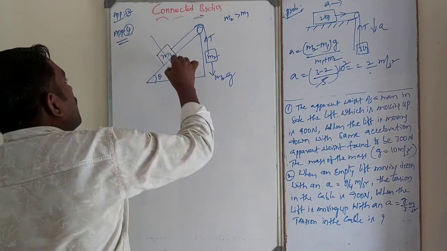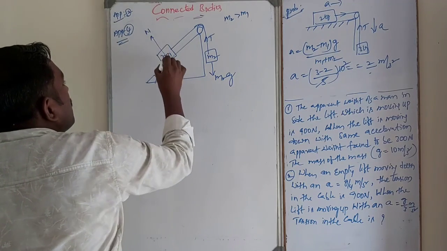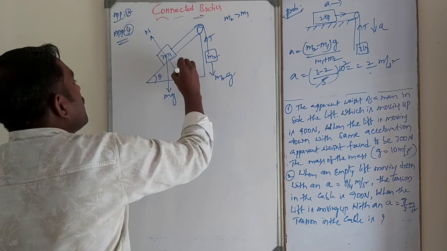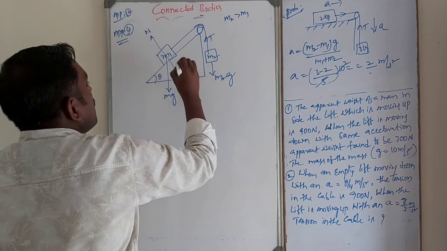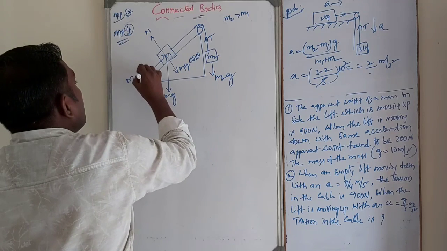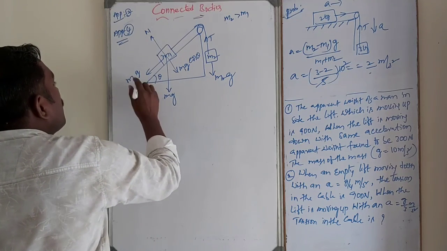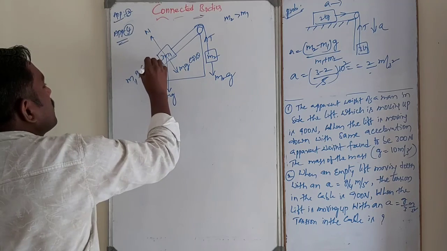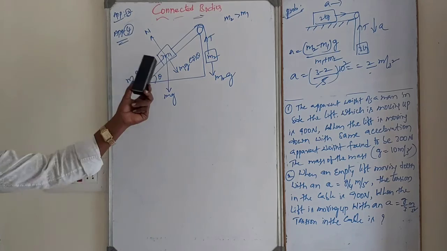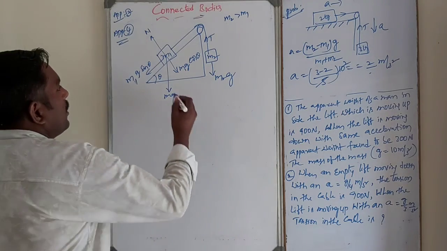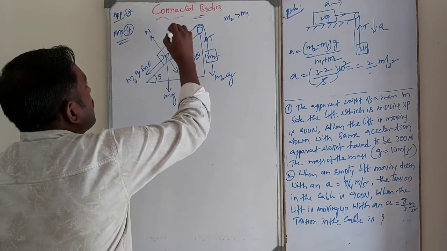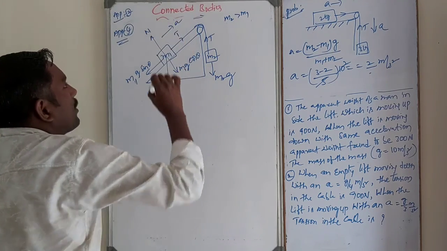This is the normal reaction, and this is the weight of the body, resolved into two components: m1g cos theta and m1g sin theta. This is the tension, and this is the acceleration in this way.